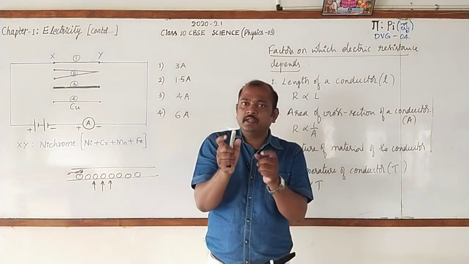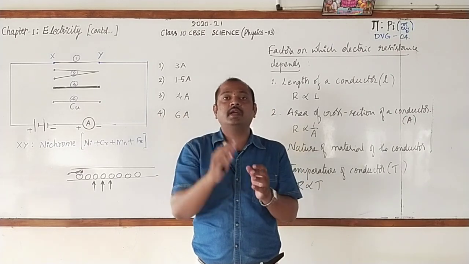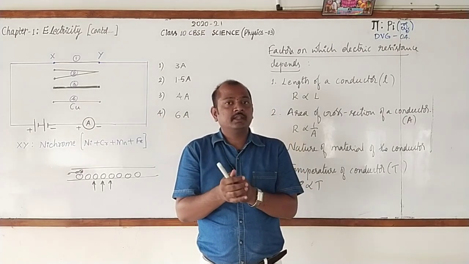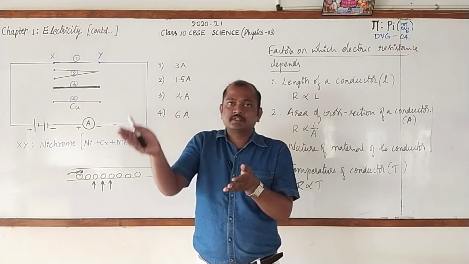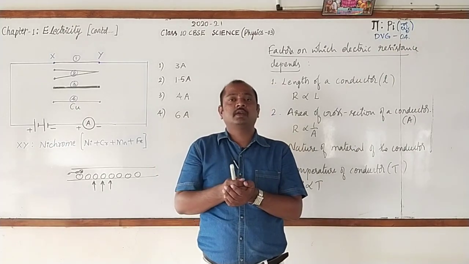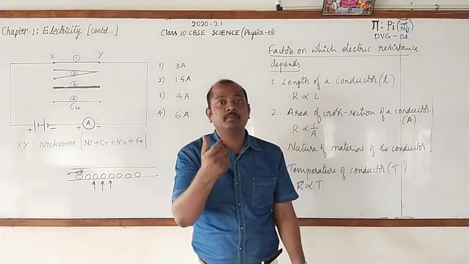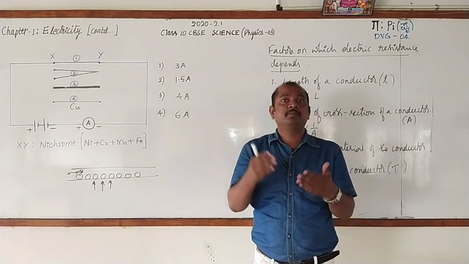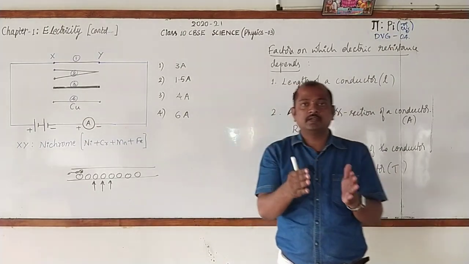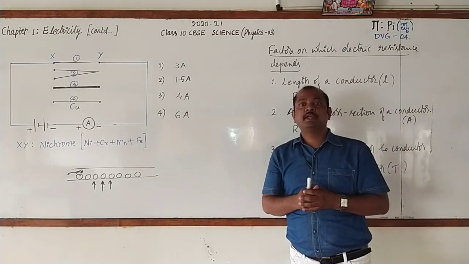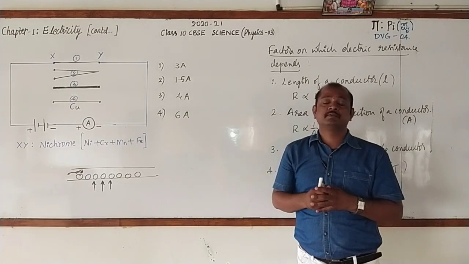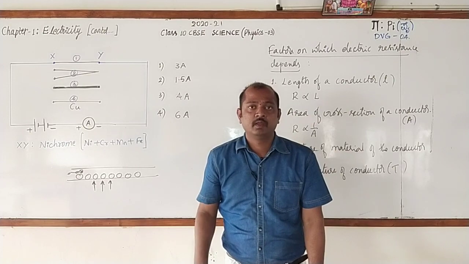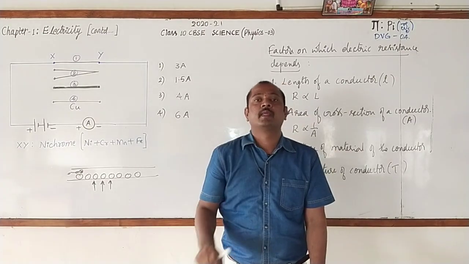Now, is there any relationship between current and potential difference? Yes, we say that if the current has to flow in the conductor, then there must be potential difference. Hence, the relationship is there between current and potential difference, and this was explained by a German physicist, Georg Simon Ohm.